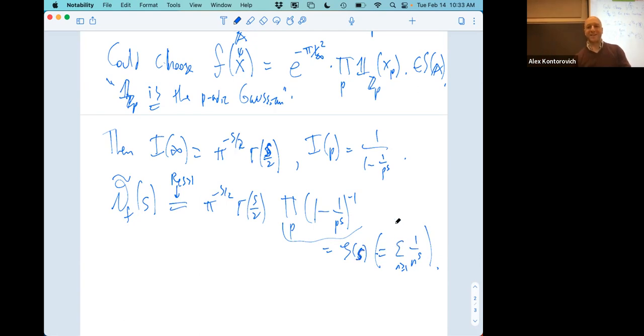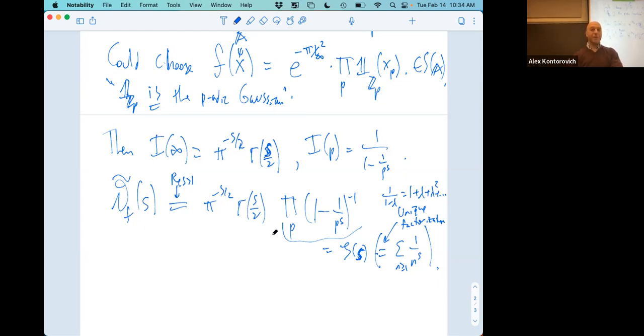Unique factorization. Yes, exactly. This is an exercise in unique factorization and the series expansion of 1 over 1 minus lambda being 1 plus lambda plus lambda squared and so on. Those two things together give you this idea. Okay.